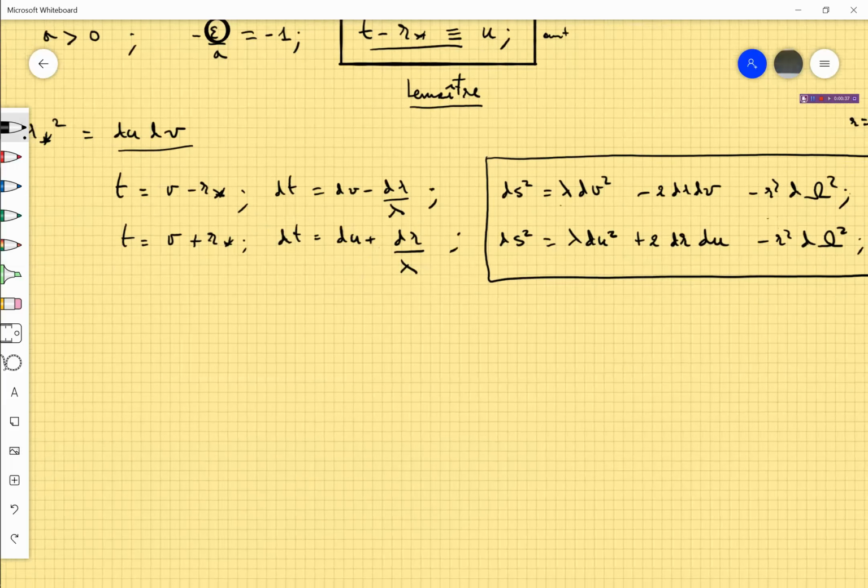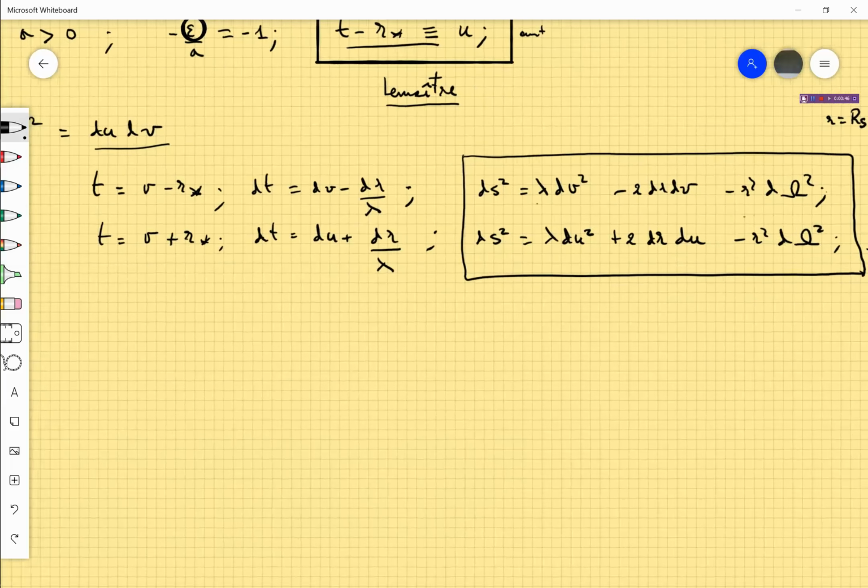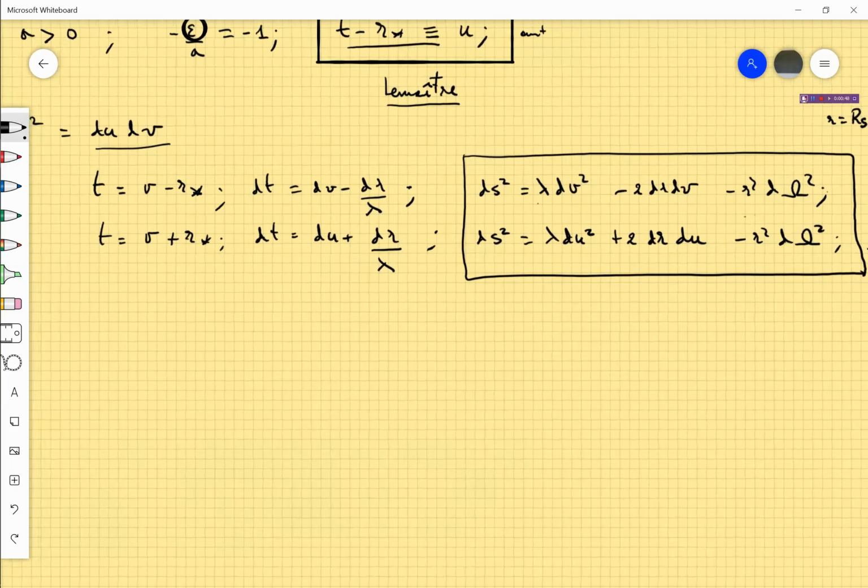If we want to study the problem of null geodesics, we need to compute the components of the Christoffel symbols in this new metric. Let me consider just the ingoing coordinates.